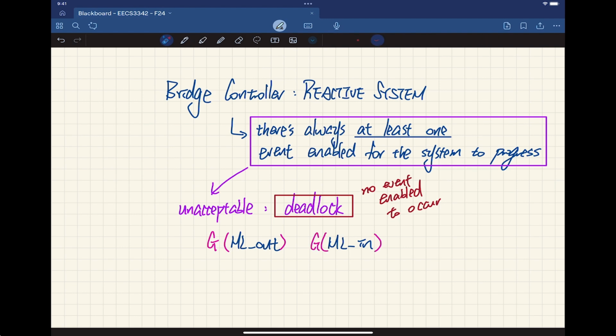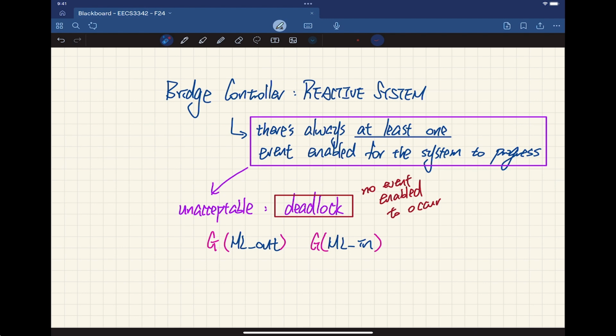This expression gives you the guard for event ML out, and this gives you the guard for event ML in. What they are exactly, we'll get to. But for now, just conceptually, we've got two guards. Of course, if you have a model with more events, you just put more guards into the context. For now, just two.